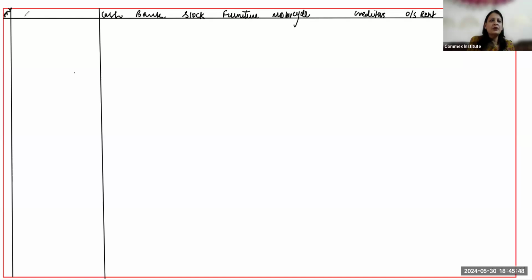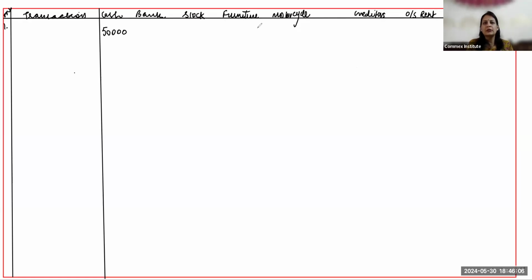This is serial number, transaction. So come to serial number 1. First transaction is commence business with cash. So my cash will increase with 50,000 and my capital will increase with 50,000.